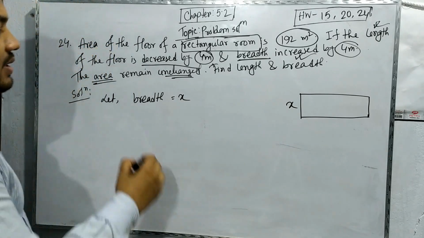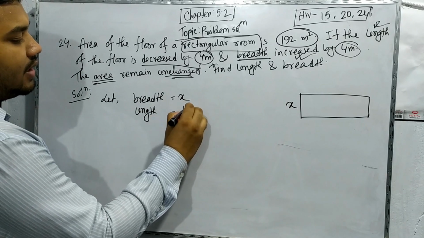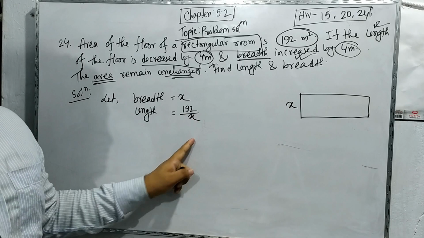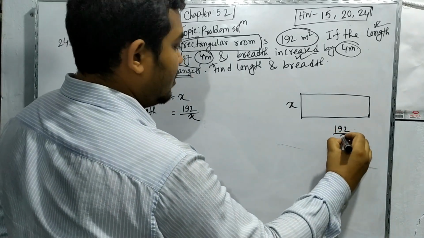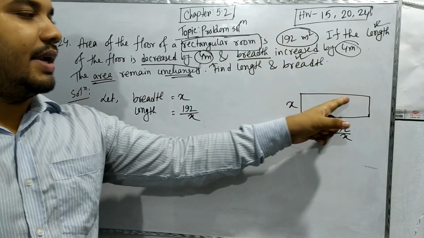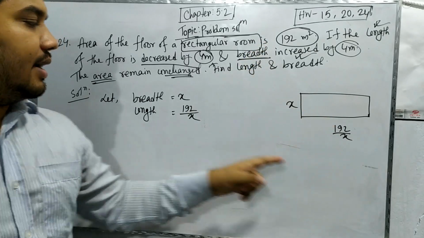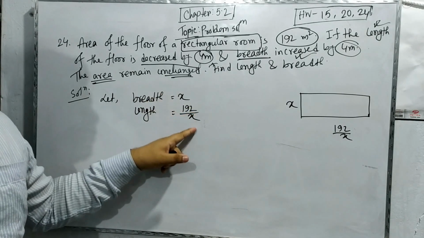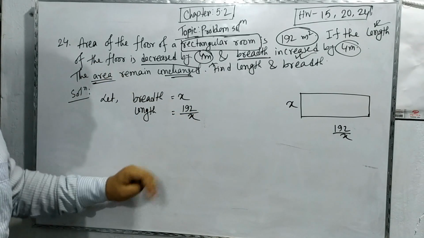Our length must be 192 divided by x. Why 192 by x? Because here the area is given, and we know the area of a rectangle is length into breadth. That's why if the breadth is x, then the length will be 192 by x. This is how we can denote length and breadth.